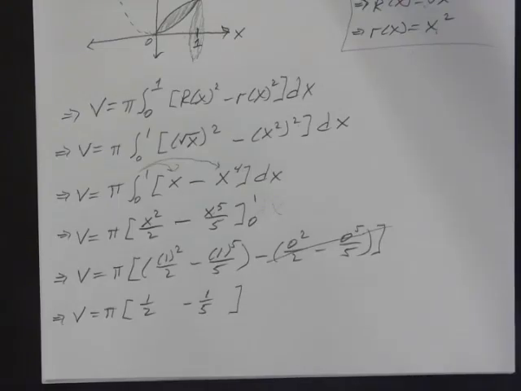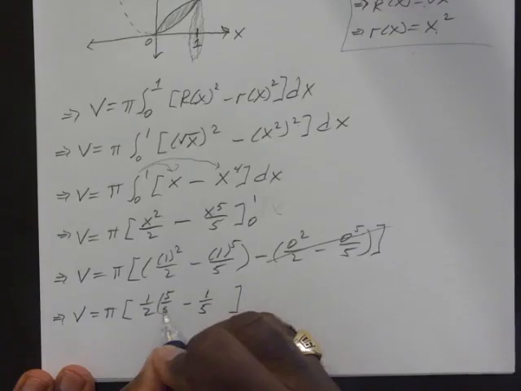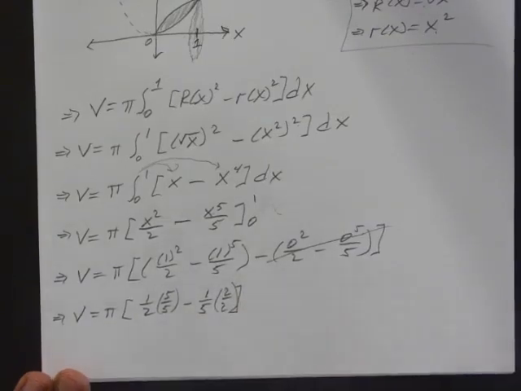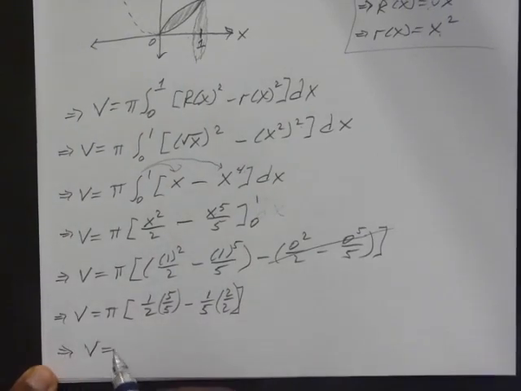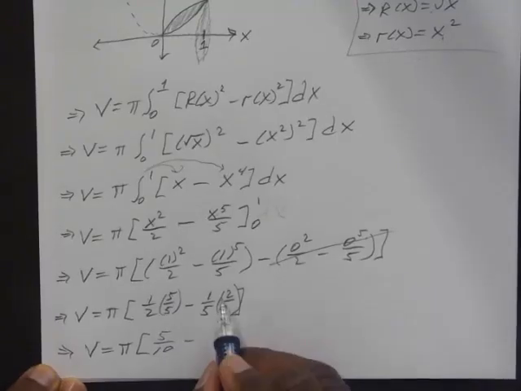So the least common denominator for 2 and 5 is 10, so we're going to multiply this by 5 over 5 and multiply this one by 2 over 2. So volume is equal to pi times 5/10 minus 2/10.